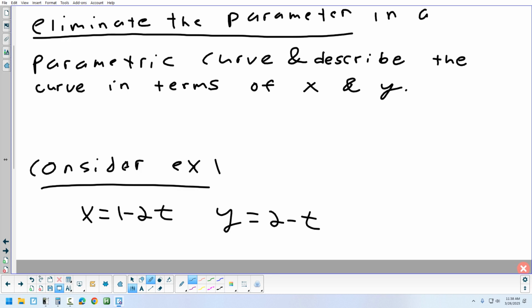Okay, I'm going to give you a hint at your first step. The first thing you want to do is take the x equation and solve it for t.